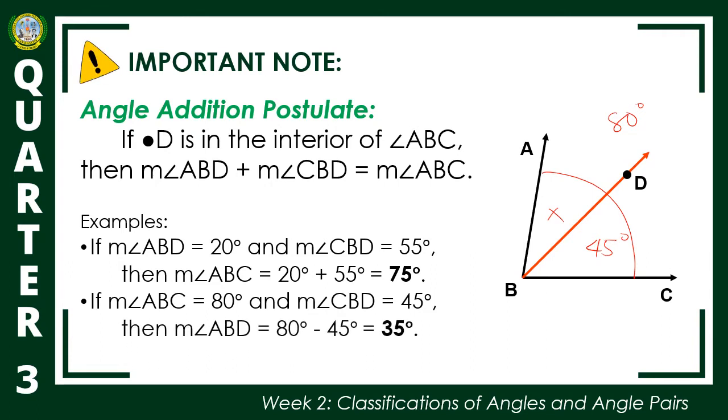So that would be 80 minus 45 is equal to 35 degrees, meaning the measurement of angle ABD is 35 degrees, and together they will make an 80-degree angle. So that is the idea of the angle addition postulate. Please remember that because you will also be encountering this postulate in your grade 8 geometry lessons.